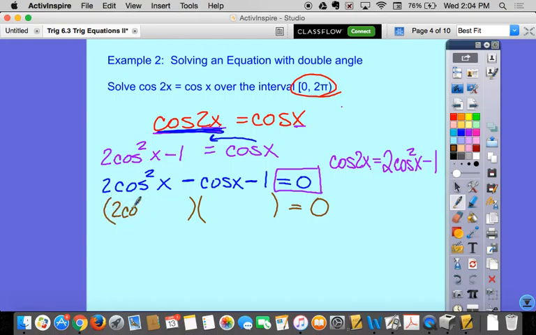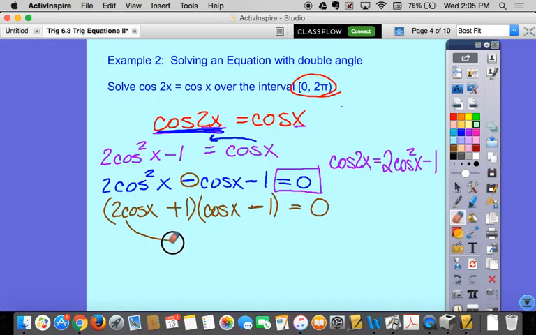So 2 cosine x and regular old cosine x, two numbers that multiply to 1, it would be 1 and 1. The one that matches with the 2 needs to be negative, because this says the bigger one needs to be negative. So that gives me a negative 2 cosine, and this is going to be a positive 1 cosine.